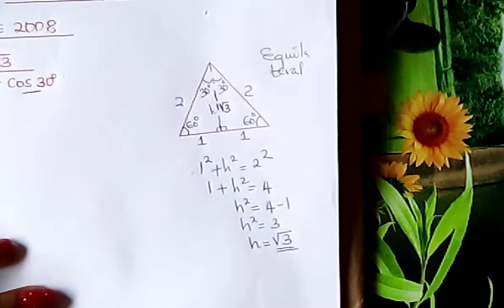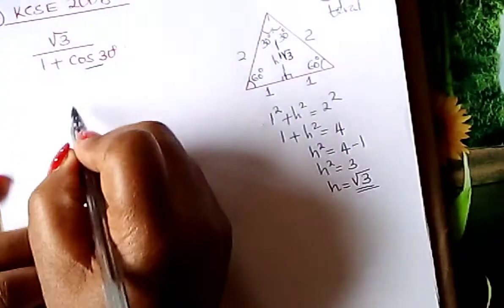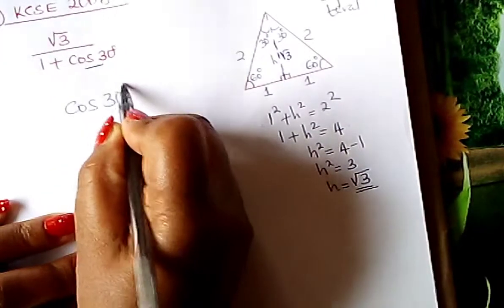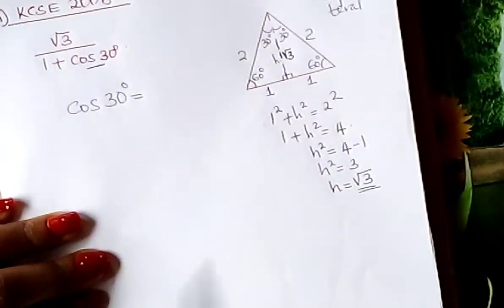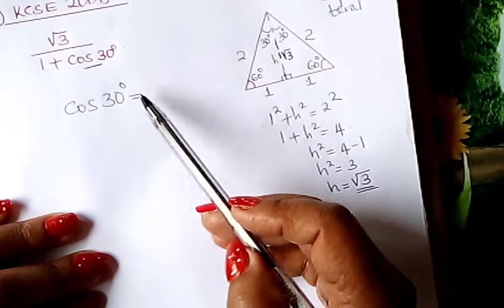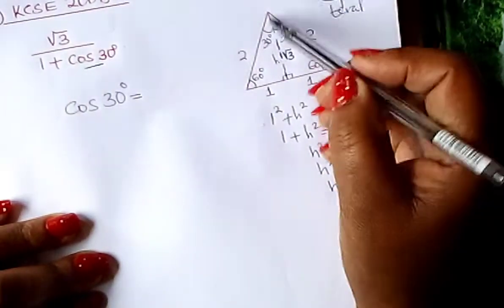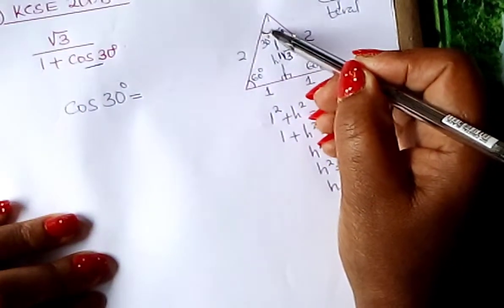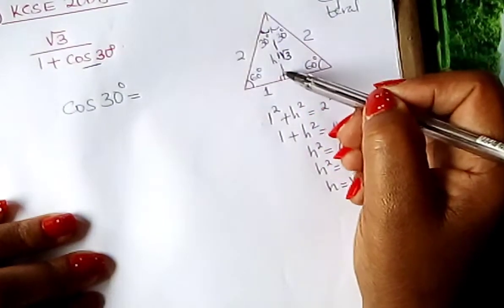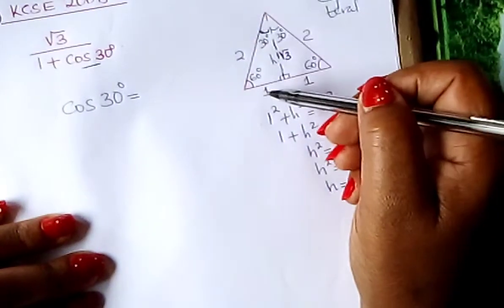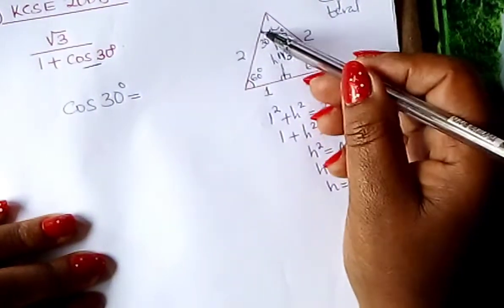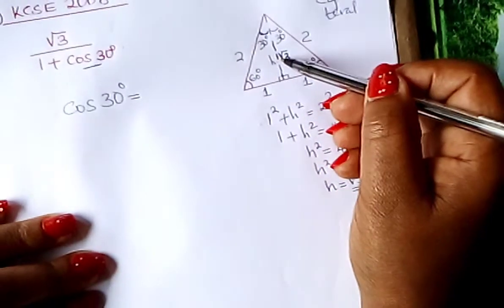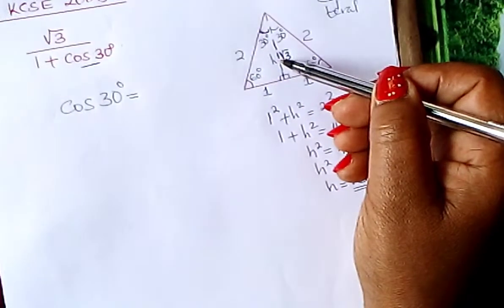So learner, what is your cos 30? Cos 30 degrees, we know that it is adjacent over hypotenuse. So the cos of 30 degrees is this adjacent here over hypotenuse, because this is the opposite. So it is root 3 over 2.